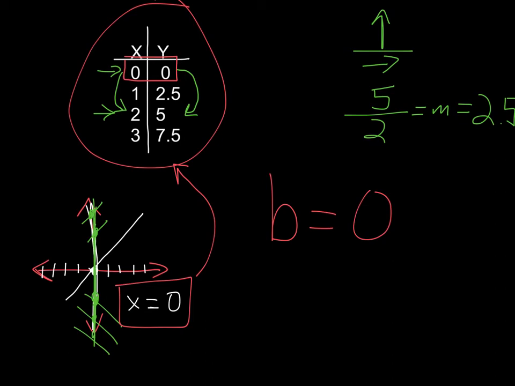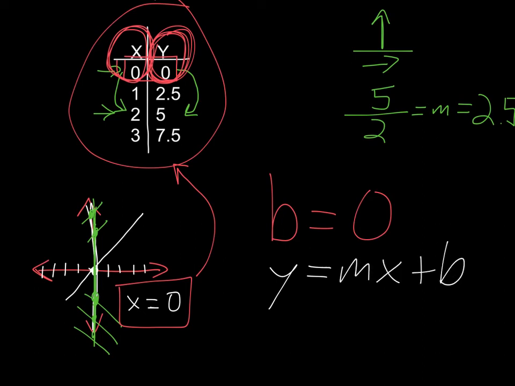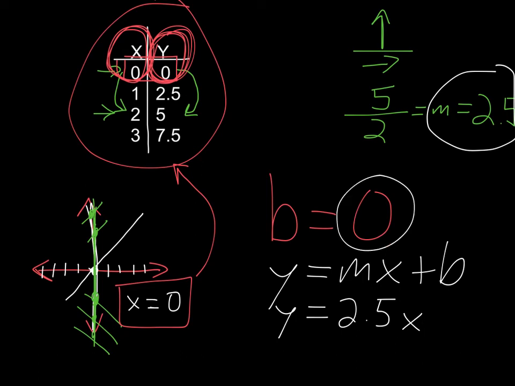We take whichever number in y happens to be next to x equals 0. Now, how do we write this in slope-intercept? Y equals mx plus b. Where's our m? Back over here, we figured it out. 2.5x. And where's our b? 0.